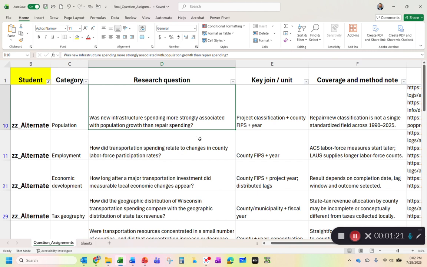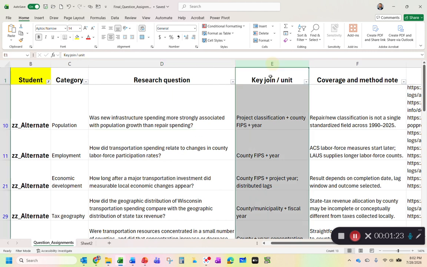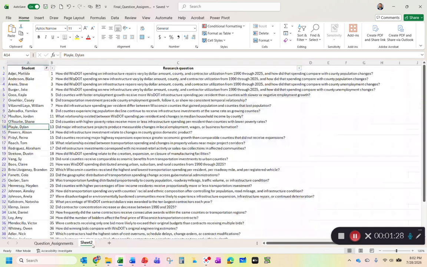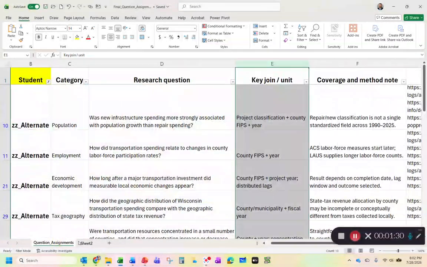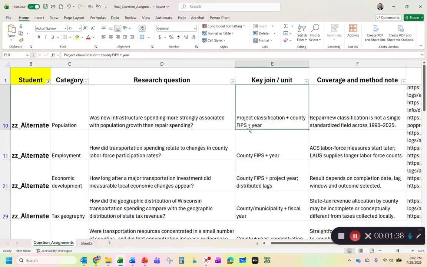So this key join unit, column E, I just left this spreadsheet the way it was intact. I didn't take out some of these things. Maybe I should have and put in more information. But basically, this key join unit is telling us whoever the student is. This is the category, which is kind of irrelevant. This is the question.